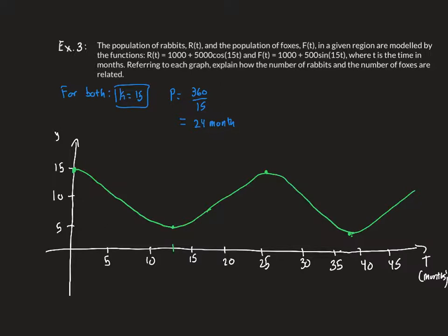Let's draw the other one. Let's use blue for this one. So that one starts at the 0, which we know should start at 10. Okay, we know its max should happen at 5. We know that the minimum should be between 15 and 20, sorry.